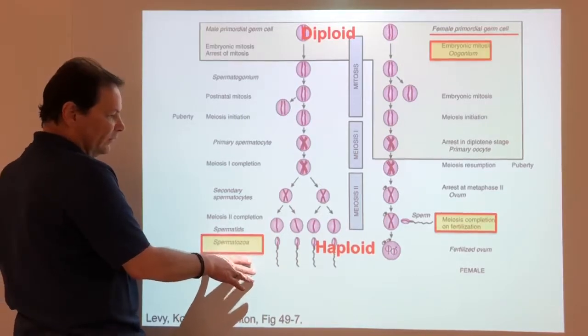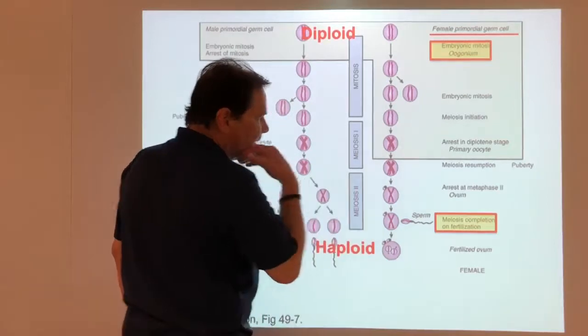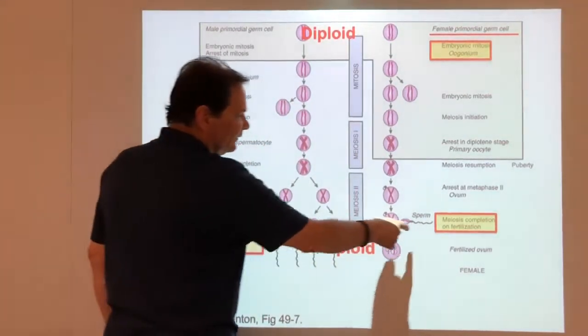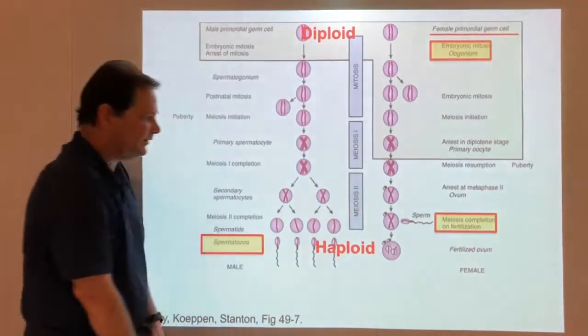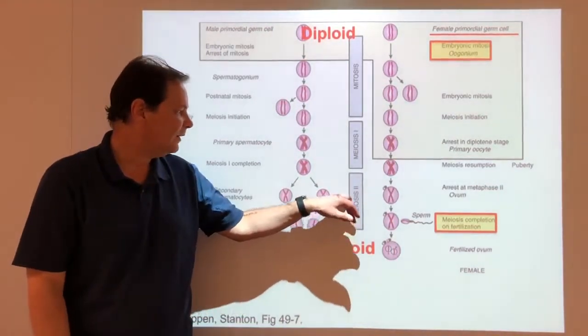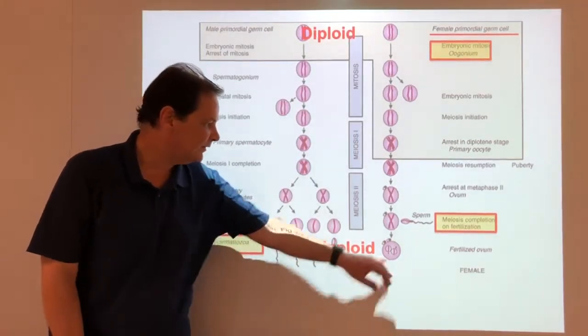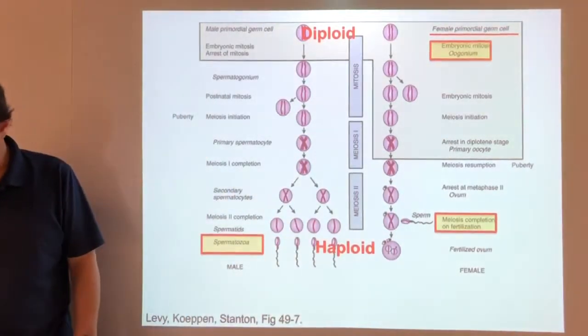You have your spermatozoa on the male side. You actually have your ovum here, which is arrested until fertilization takes place. And at fertilization, the last meiotic phase completes, and you have a fertilized ovum at the end of this.